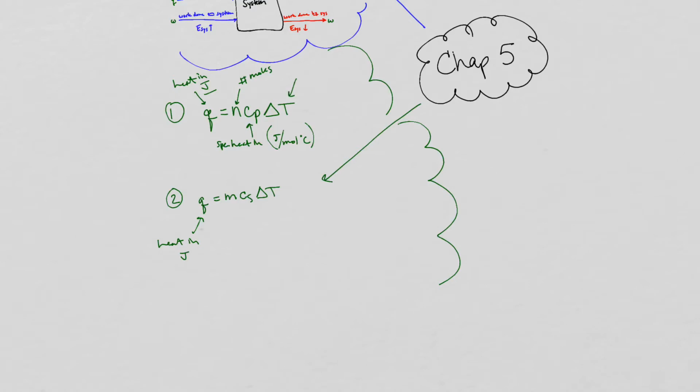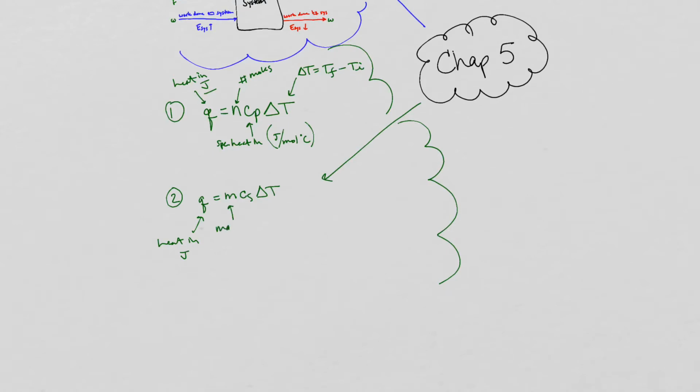Delta T, remember, is T final minus T initial. If that's a negative number, that's totally okay. Now moving down to the other equation, this m here is the mass of whatever is being heated.